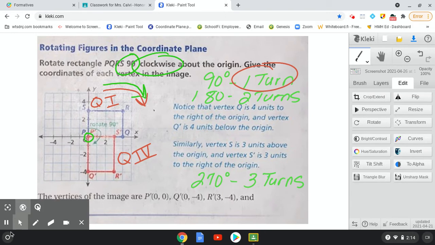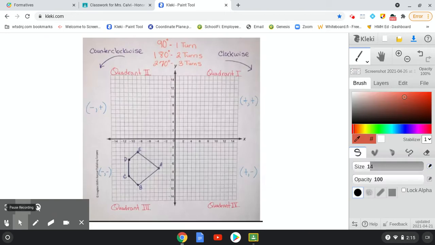So let's get another example. Okay, so this is where you're going to see it a little bit more clear what I'm talking about, how once you rotate the actual coordinate plane, you can no longer look at the positive and negative signs. You just have to always remember that left is negative, right is positive, up is positive, down is negative.